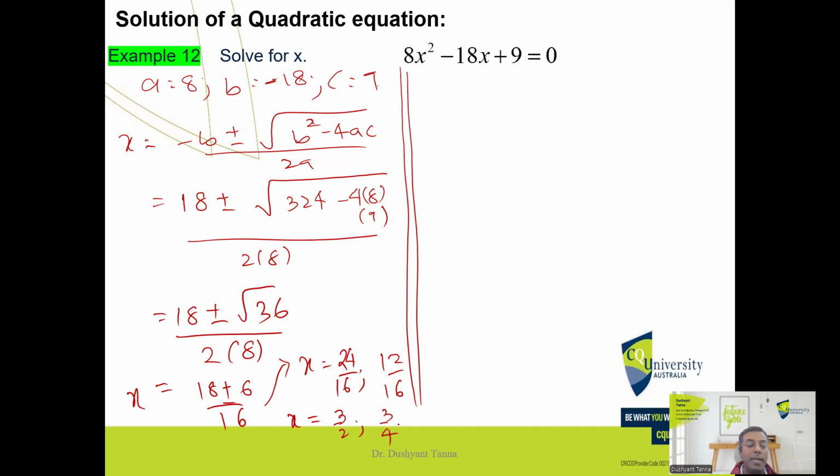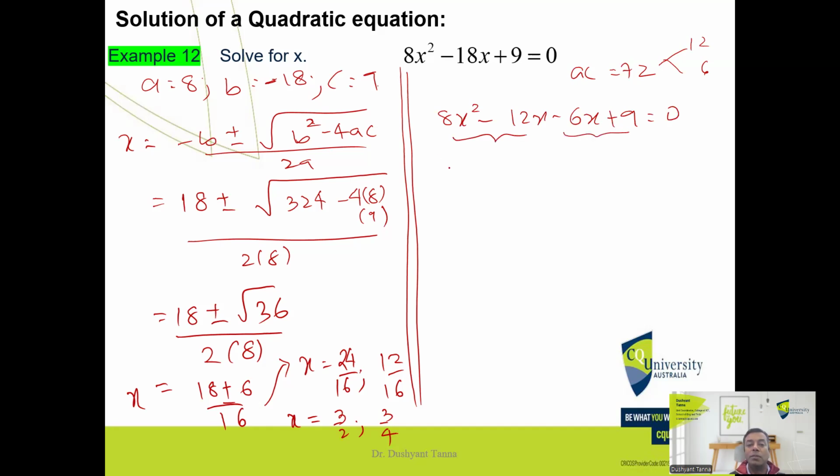3/2 or 3/4. Yeah, that's what you got. Awesome. Now the other one, the AC method, right? A times C is 72. How would you factorize 72 to get 18 with the addition? Awesome. 12 and 6. 12 times 6 is 72, and 12 plus 6 is 18. So 8x squared minus 12x minus 6x plus 9 is 0.